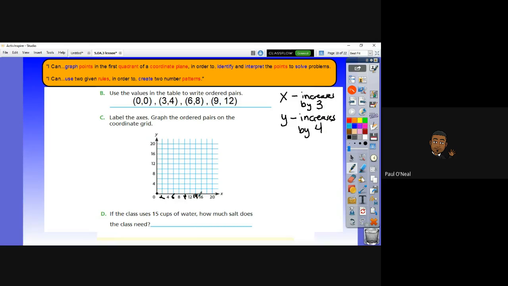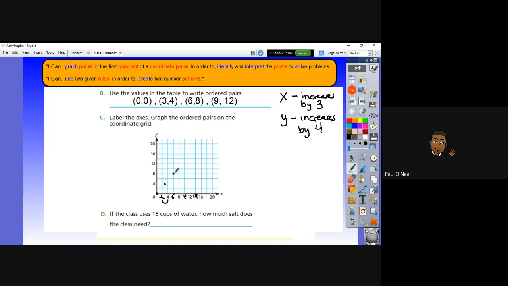All right. So the first one is 3, 4. So that means it's in between the 2 and the 4 right here. Okay? So I'm going to go to 3 and I'm going to go up to 4. That puts me right about there. If the board would work. All right, notice how it's kind of like in the middle. It's a weird spot for it, but it makes sense. Next would be 6, 8. So I'm going to go to the right on the x-axis to 6 and go up to 8.